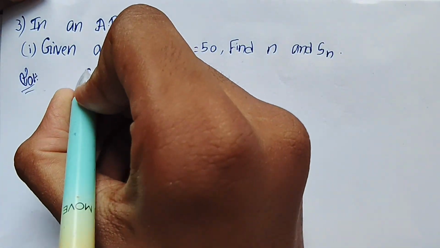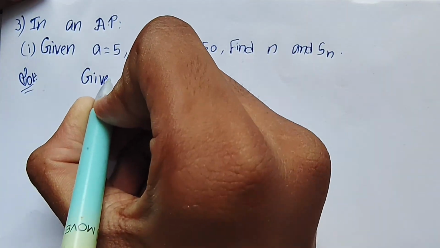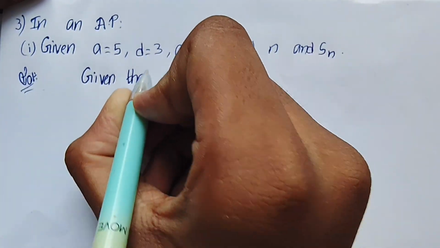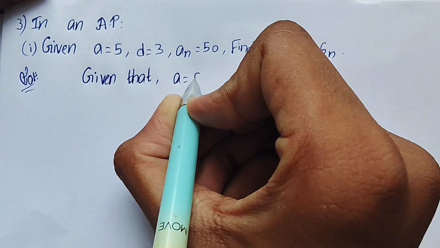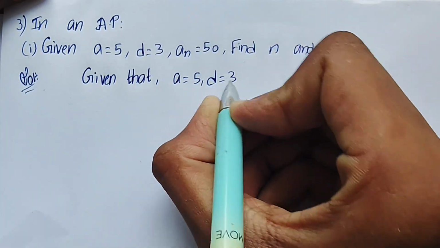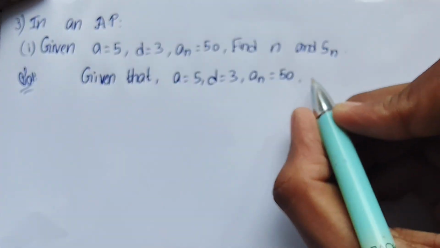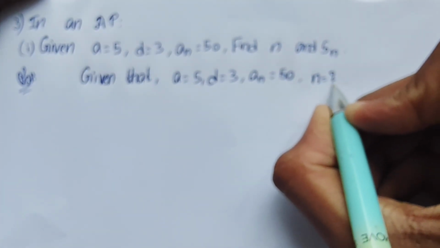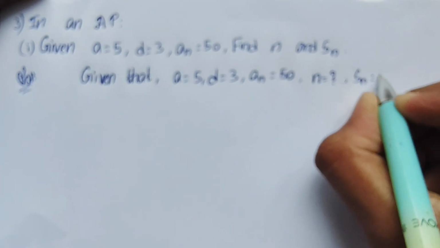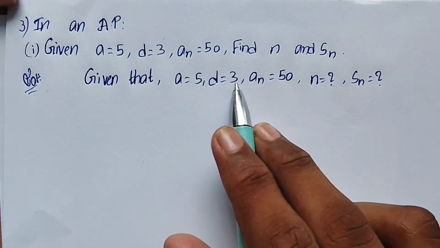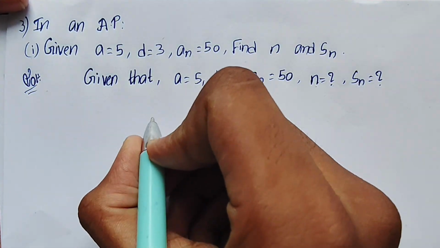In this problem, given that a = 5, d = 3, a_n = 50. He asked to find the value of n and S_n. So now I am going to find the value of n by using the formula for a_n, the nth term.